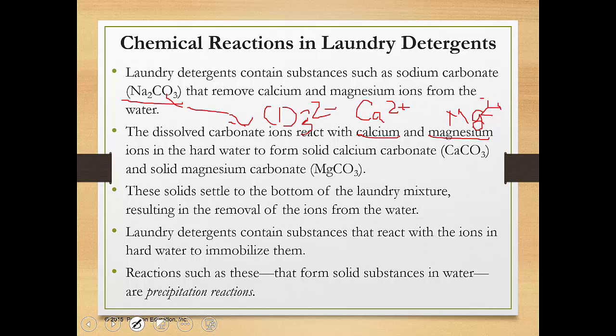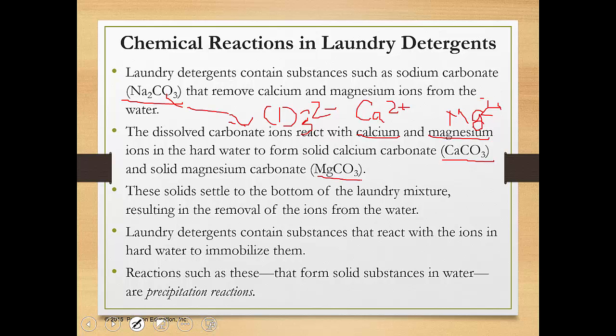CO3 2- can react with the calcium 2+ and the magnesium 2+ to form solid calcium carbonate, solid magnesium carbonate. Those can precipitate out. By precipitate, they form a solid, they come out of solution, settle to the bottom.